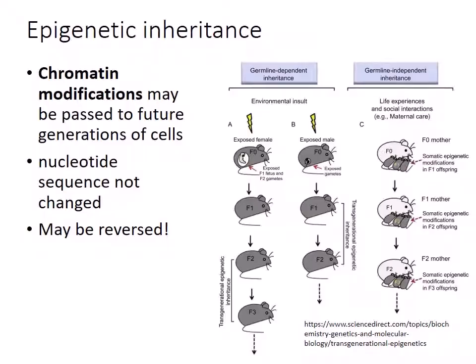I found you guys a diagram from a journal article that gets a little more in depth than you really need to know, but if there's some sort of environmental insult or life experiences or social interactions that modify the chromatin conformation, that can actually be passed on to the organism's offspring. However, it can also be reversed, so it really depends, and this is a really exciting area of research that we're finding more and more about.